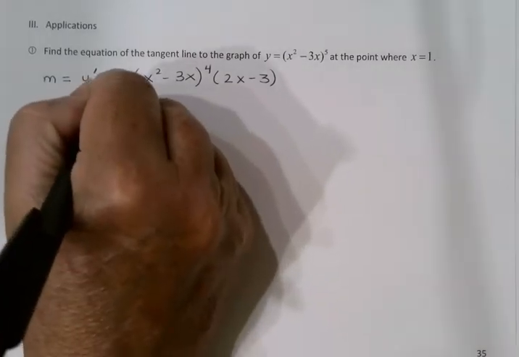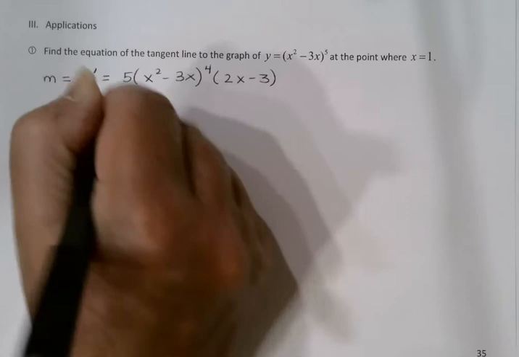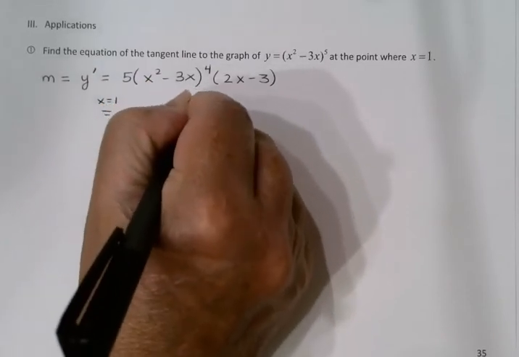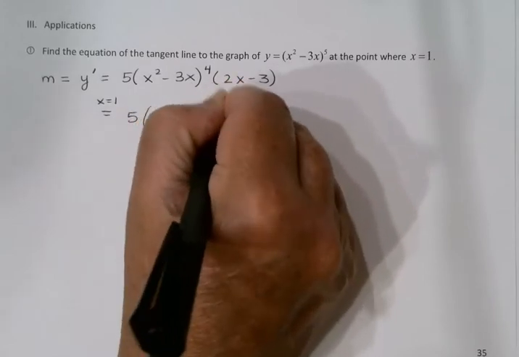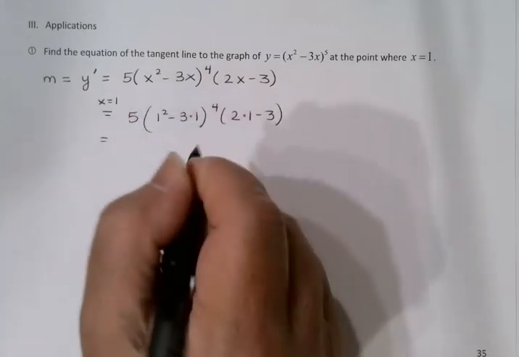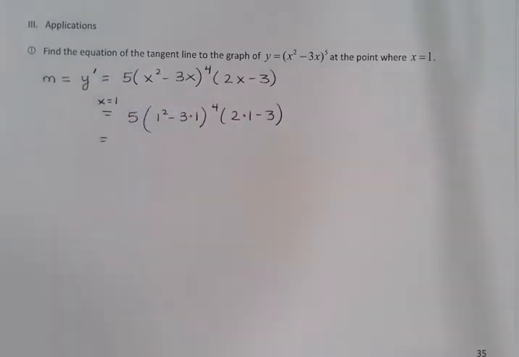And if I now plug in my x equals 1, like so, what have we got? Let's see, that'd be 5 times negative 2 to the 4th times negative 1.